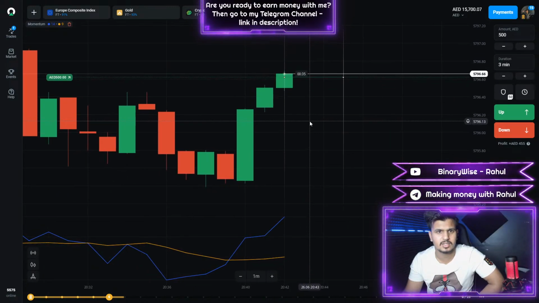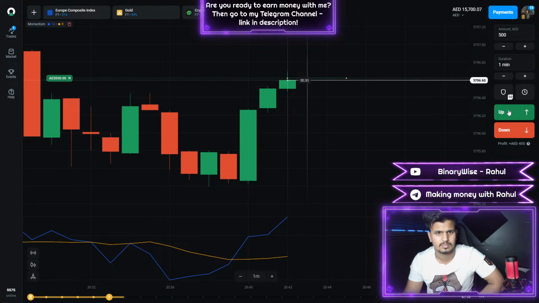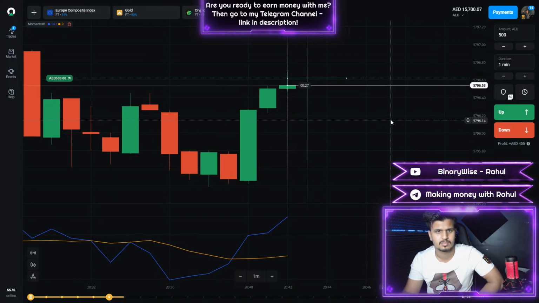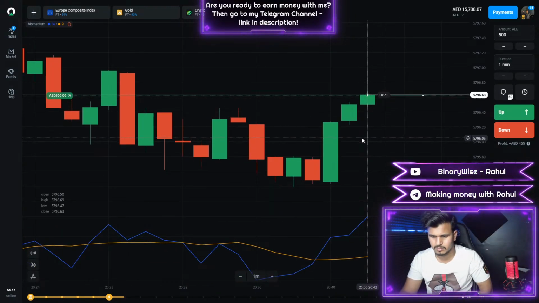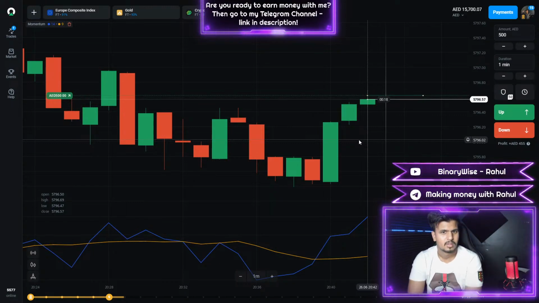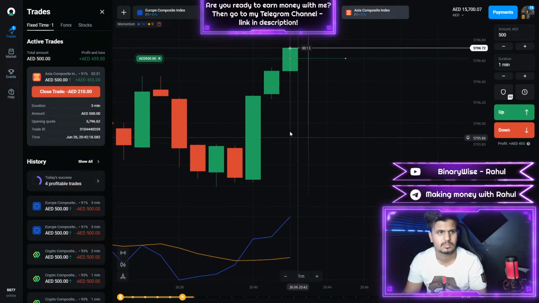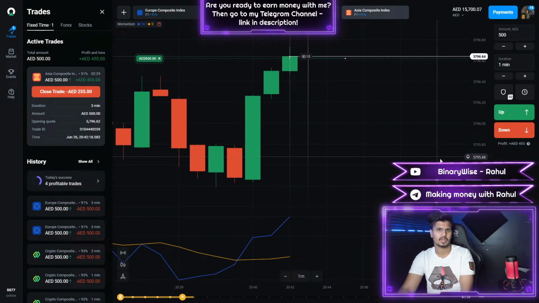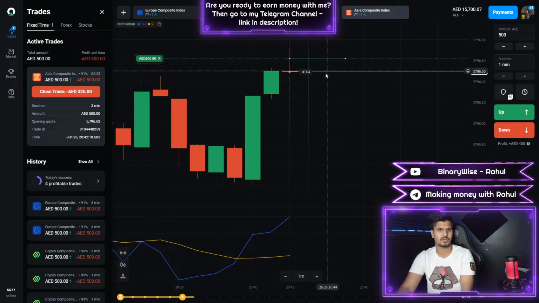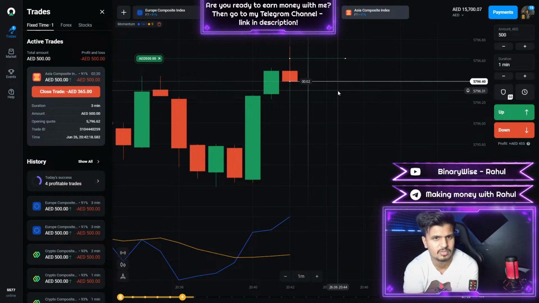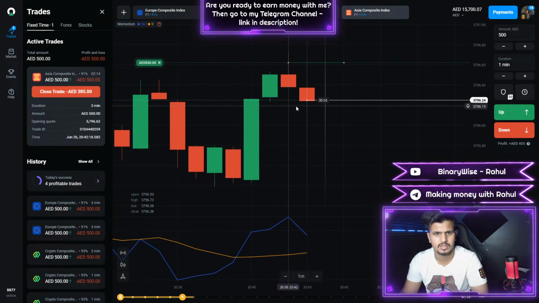So it's a composite index. 7, 6, 5, 4, and now I think a down trade will start to form here. Let's wait.